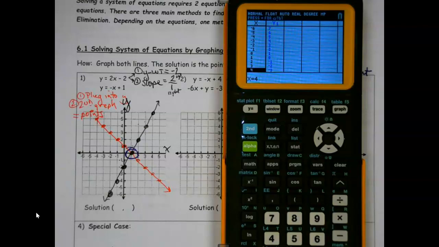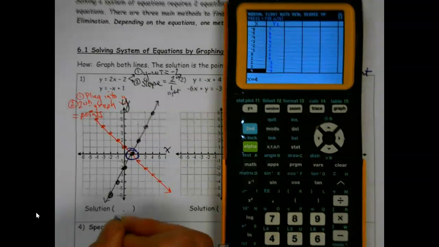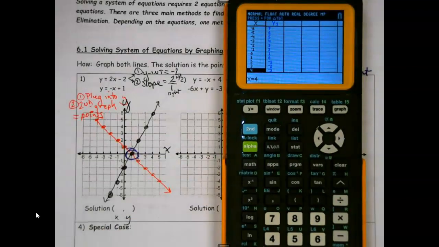This is why we've got to be so direct with what we're doing. Once I find that spot, that point, I'm going to write the coordinates of that point. So reminder, that point, I want the x value first, which is at 1.